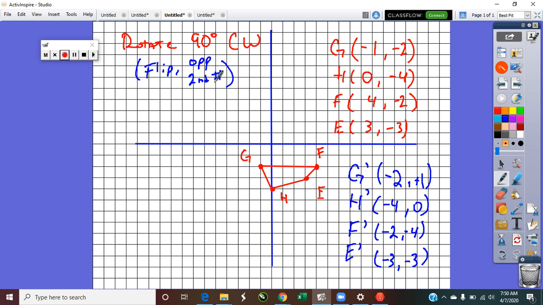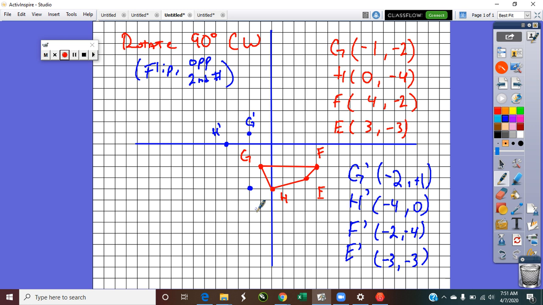Now all we have to do is go back and graph these points. So -2, back 2, up 1. That's my new G. So far, it doesn't look like it's going to be right, but just trust me. My new H is going to be back 4, up 0. There's my new H. My new F is going to be back 2, down 4. 1, 2, 3, 4.